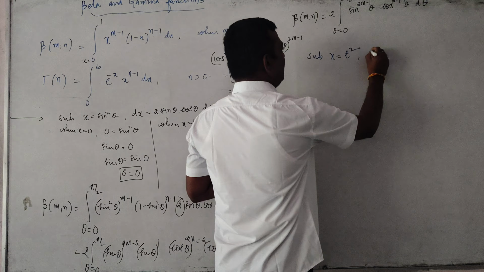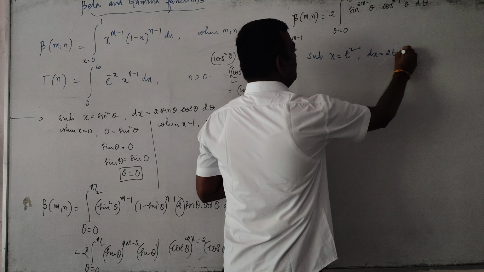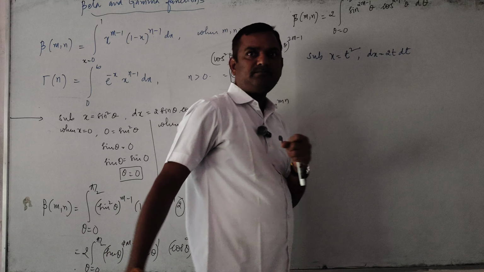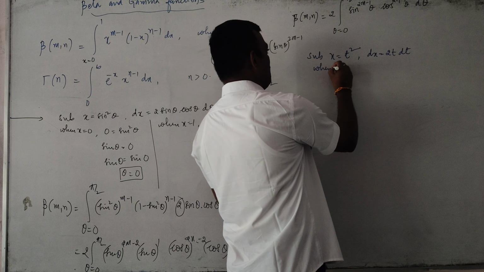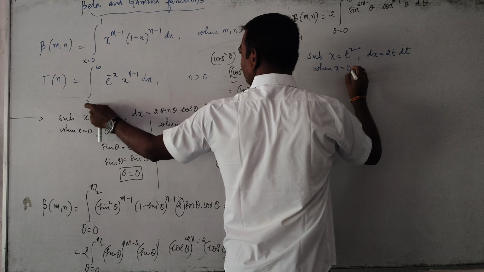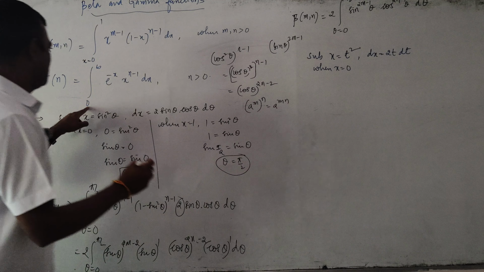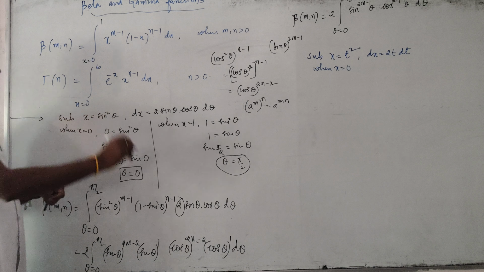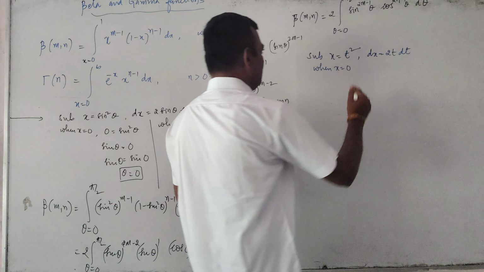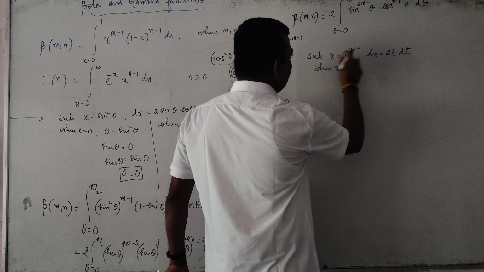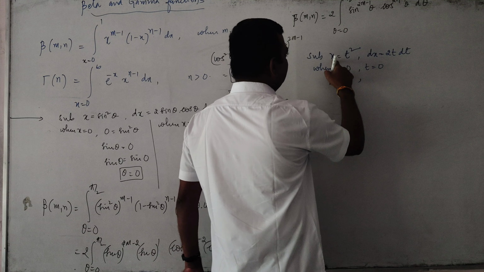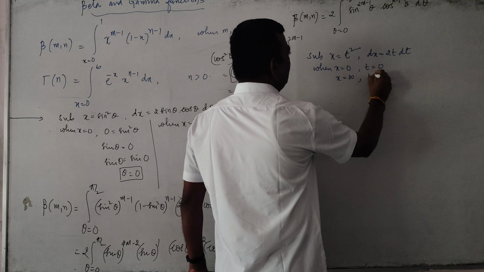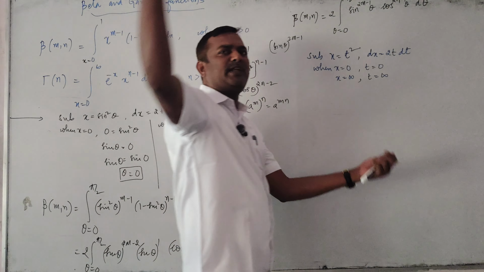You can differentiate it, dx is equal to what? 2t dt. Right? Now you can change the limits of integration. When x is equal to 0, by default the lower limit is x equal to 0. When x equal to 0, what is the value of t? t is also 0.